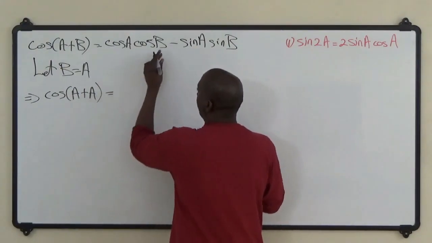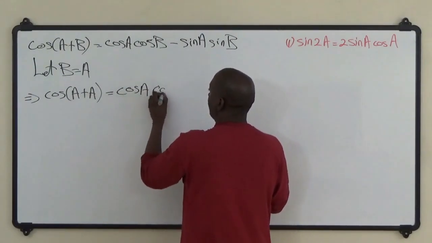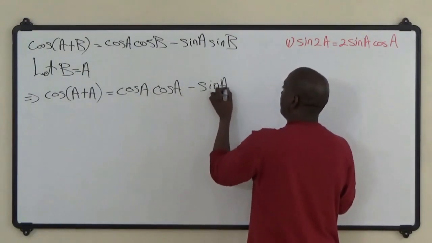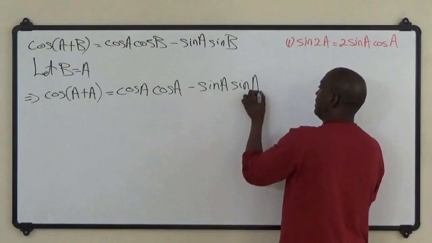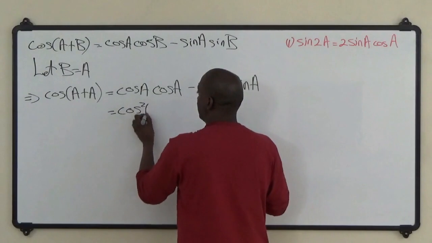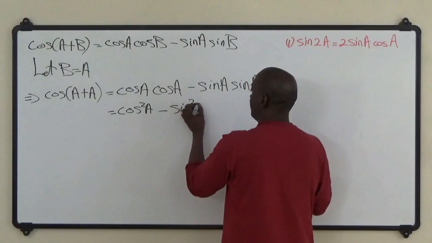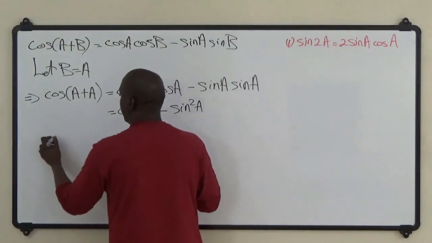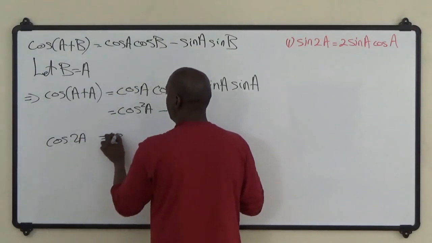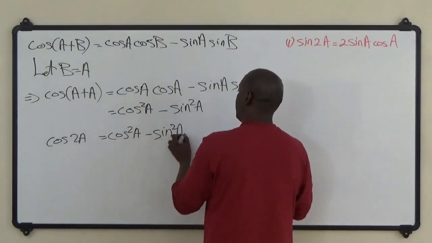We substitute A for B, so it will give us cosine A cosine A minus sine A sine A. Cosine A by cosine A, of course, is cos squared A, and sine A by sine A is sine squared A. So therefore, we can say that the cosine of 2A is equal to cos squared A minus sine squared A.